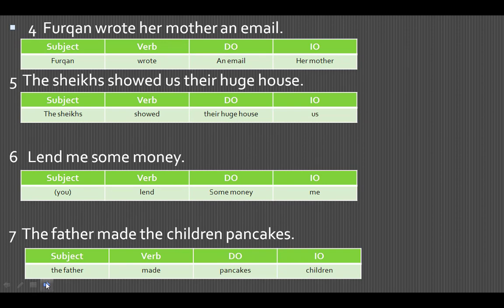In the fourth sentence: Furqan wrote her mother an email. In this sentence, Furqan is the subject, wrote is the verb, an email is the direct object, and her mother is the indirect object.